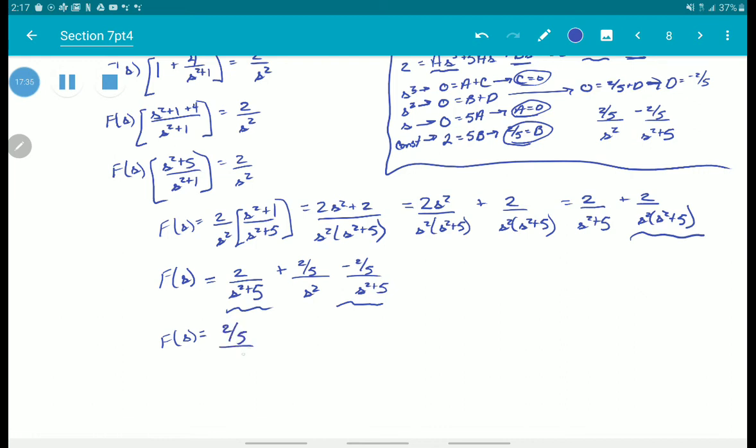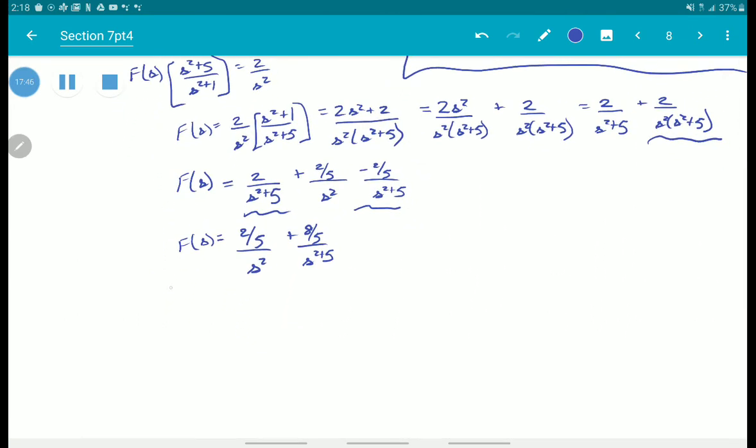So we have 2/5 over s squared plus 8/5 over s squared plus 5. So now let's take inverse Laplace. On the left, we would just have f of t. I'm going to write the right-hand side out.